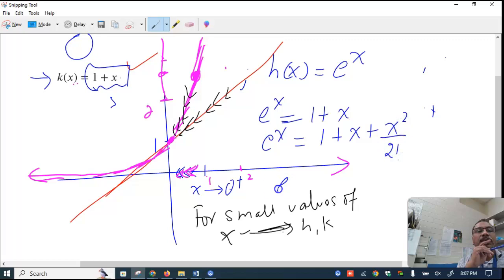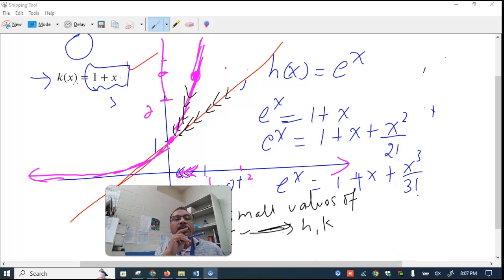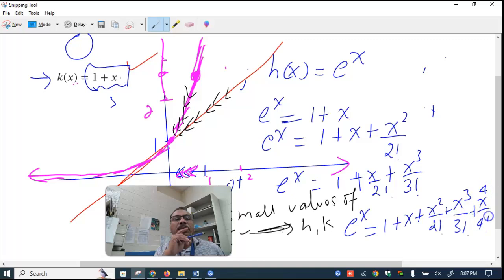You can also approximate it by 1 plus x plus x squared over 2 factorial plus x cubed over 3 factorial. You can also use a quartic function like that, adding x raised to 4 over 4 factorial, and likewise.